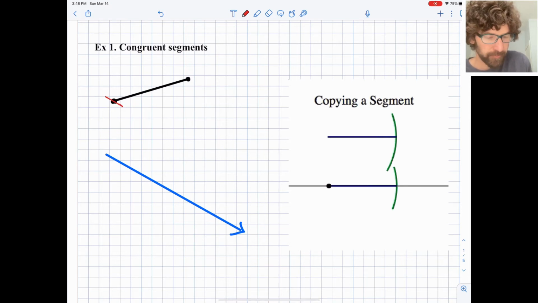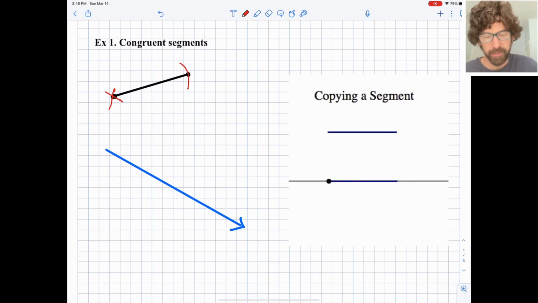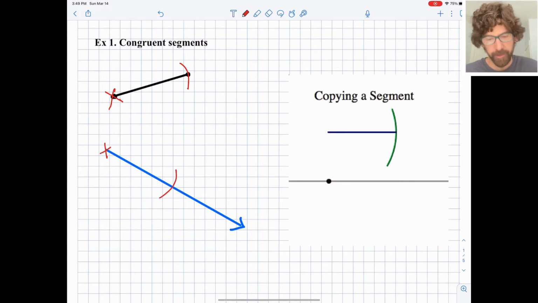So I could put the point of my compass right there, open my compass up to that length, and even draw a little arc if I wanted to. Then, keeping the compass at the same setting, I could put the point over here and draw another arc over there. And then I have a congruent line segment.